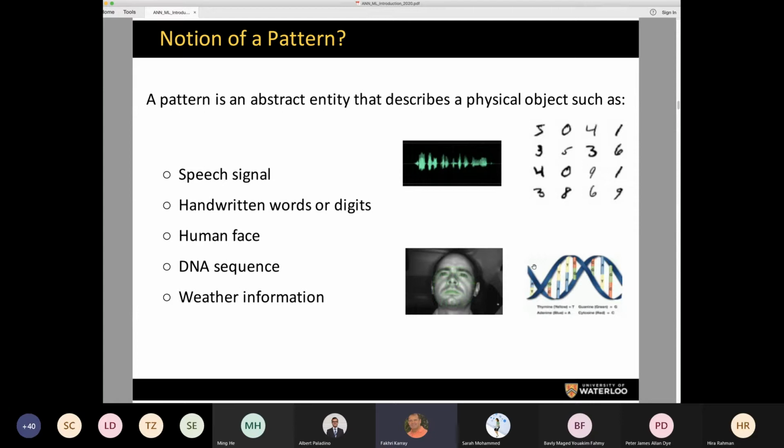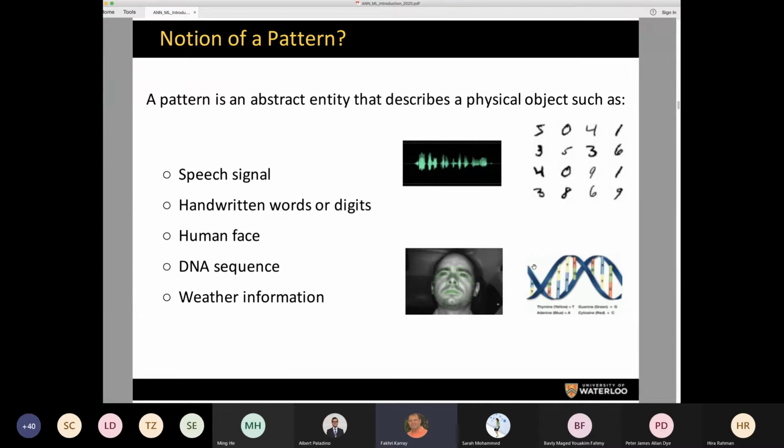All of them are provided to us through sensory signals, whether it's a speech sound from others or from a computer or a machine, and the question is how to digitize it and make it usable by a computational system. And this pattern could be any abstract entity that describes a physical object within our particular environments.